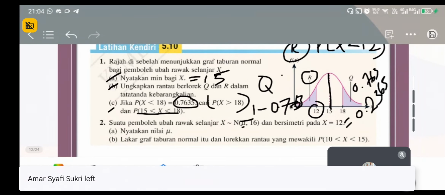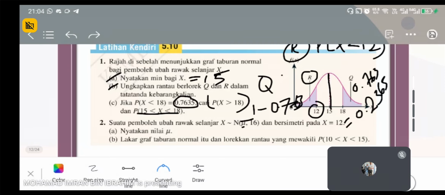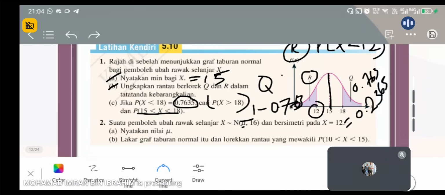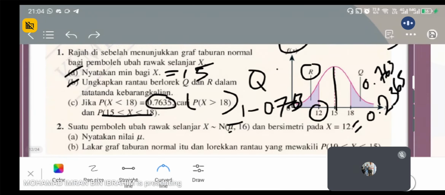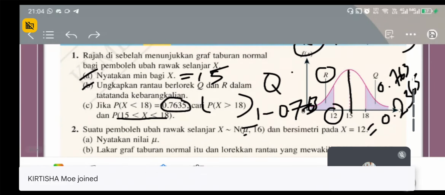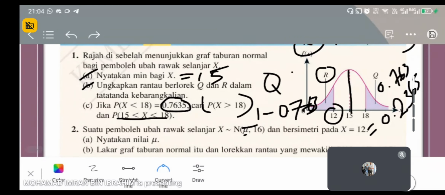Okay, and then the second question that they ask is: what is the probability of 15 less than X and X less than 18? For this one, we have to really understand something. This side, you can actually multiply it by 2. First of all, this part.